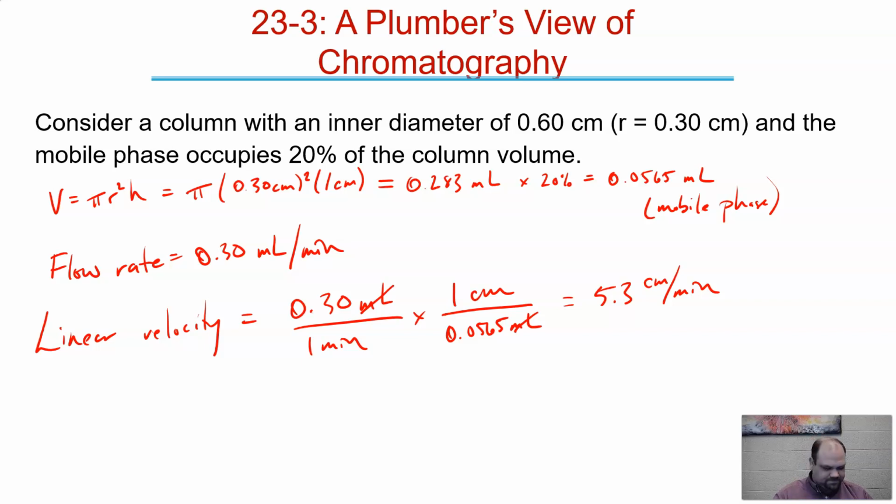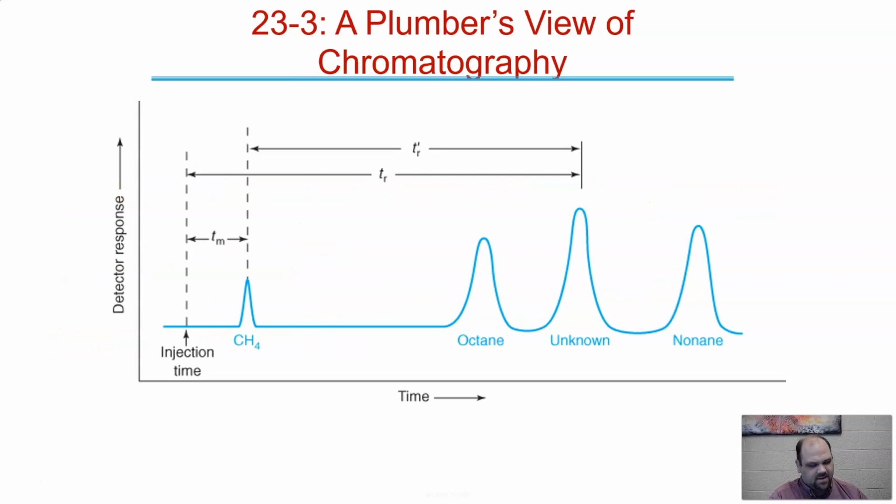Okay. All right. So more about how this affects different properties of chromatography. As we look here, this is a chromatogram, and there are a few things that we need to keep in mind. Here we have our injection time. And so that's our T0, our initial time for this analysis.